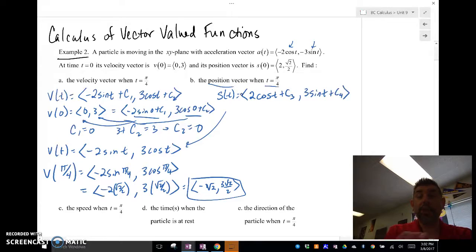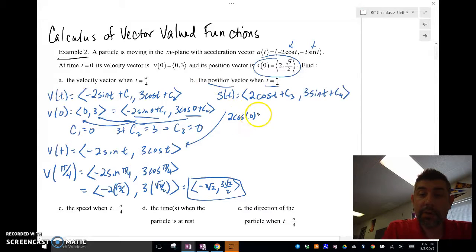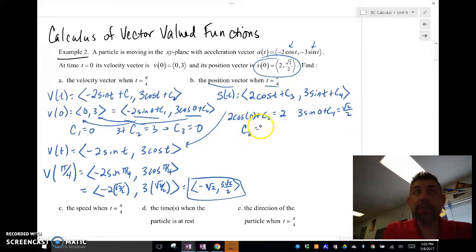We've got each of those, so I have my initial condition here. I'm going to say 2 cosine of 0 plus c3 is equal to 2, and 3 sine of 0 plus c4 is equal to root 2 over 2. I'm going to solve these. I get c3 is equal to 0, and c4 is equal to root 2 over 2.